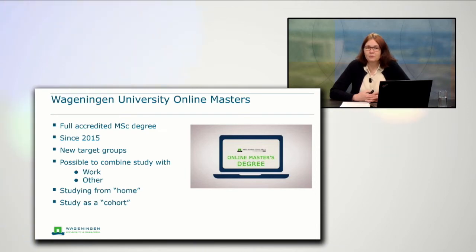And for that target group, the online master in plant breeding is an ideal program, because it enables to combine study with work and other activities, private life. It enables to study from home, and it also is designed to facilitate studying as a cohort.